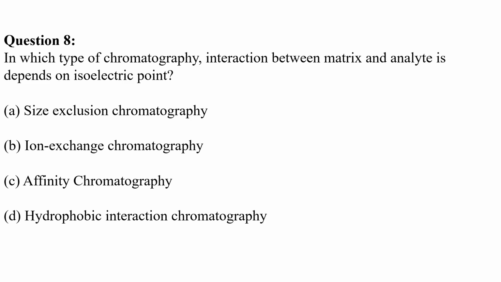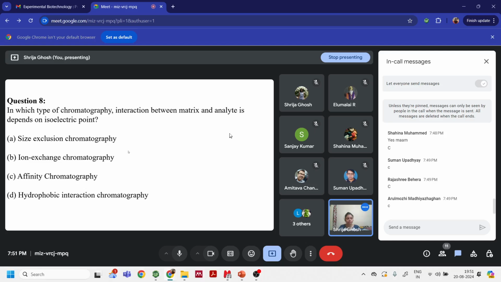Option A, size exclusion chromatography. Option B, ion exchange chromatography. Option C, affinity chromatography, and option D, hydrophobic interaction chromatography. So, in which chromatography is the interaction based on isoelectric point?